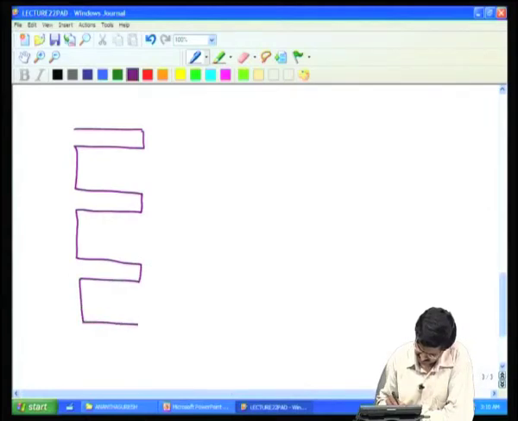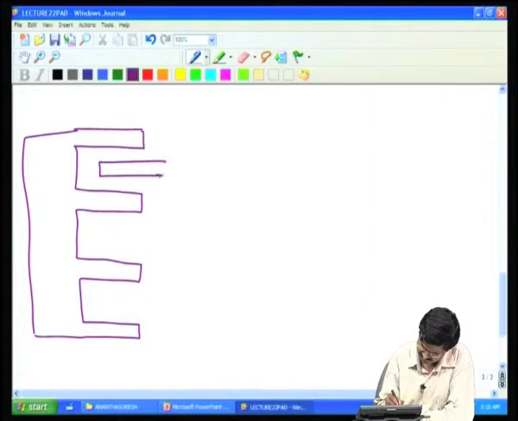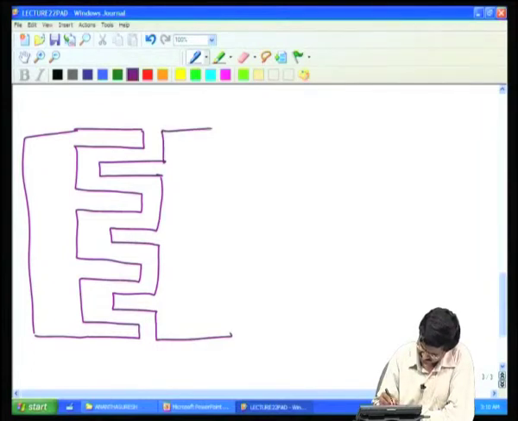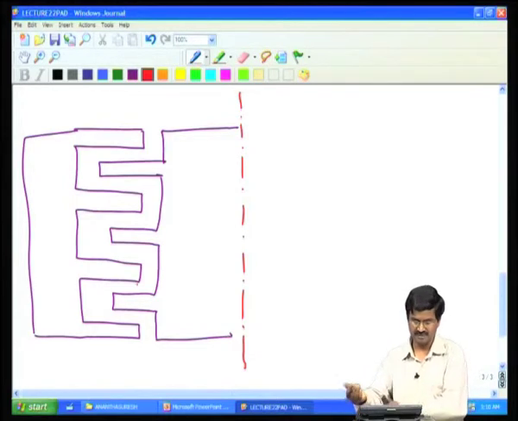So, let us say this is the fixed comb, and there will be a moving comb. Let us say this is our proof mass, and let us say this is the axis of symmetry. So, the similar thing is there mirrored this side.